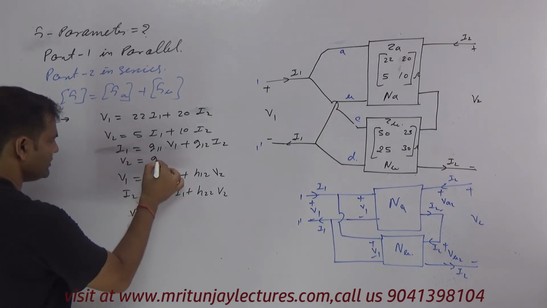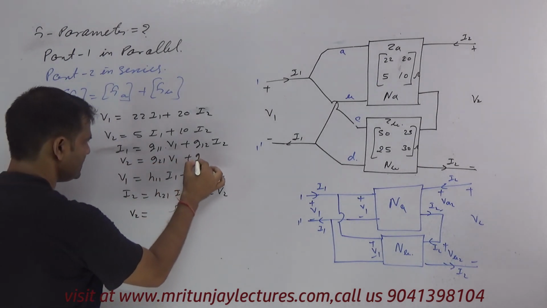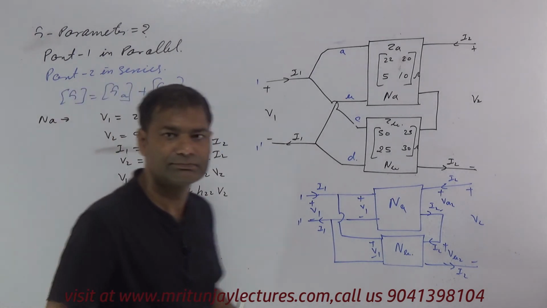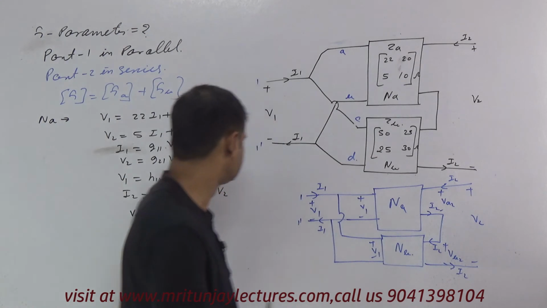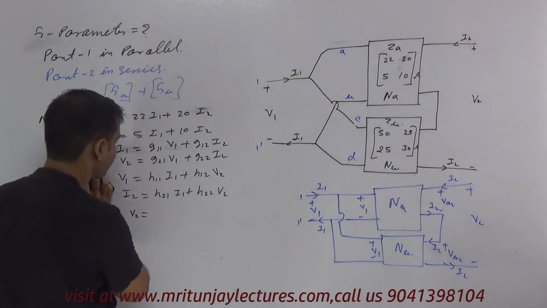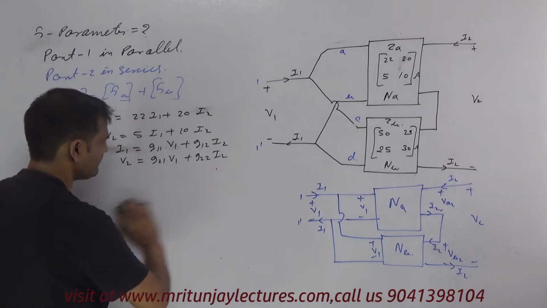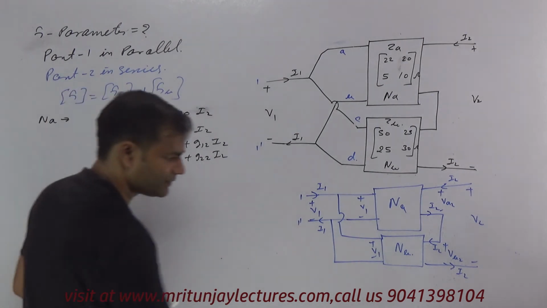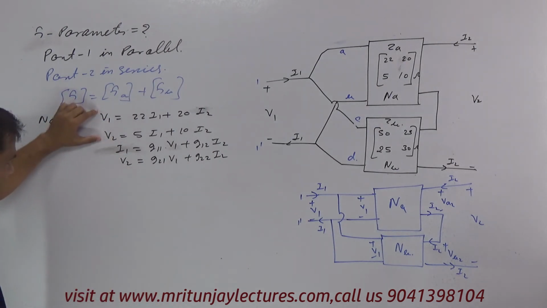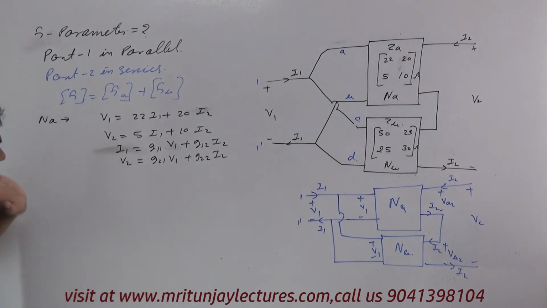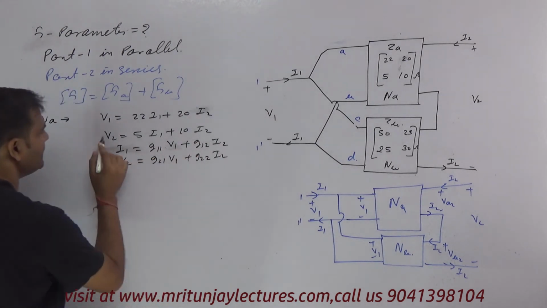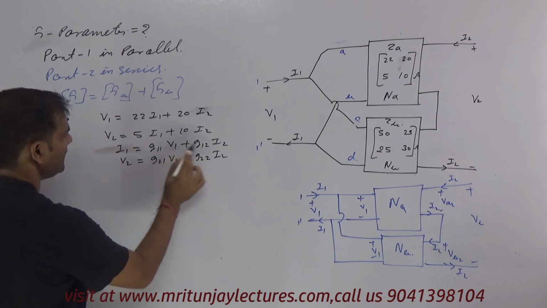V2 is equal to G21 into V1 plus G22 into I2. Clear? So first of all, these two equations are converted like this: I1 in terms of V1 and I2.